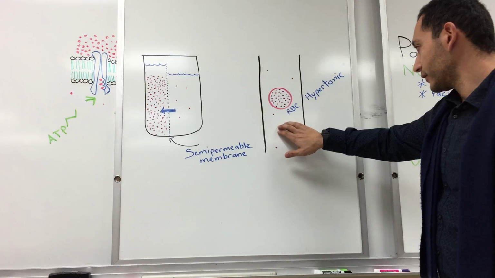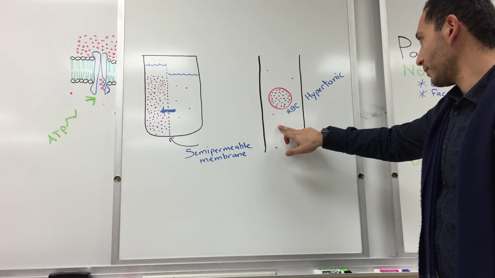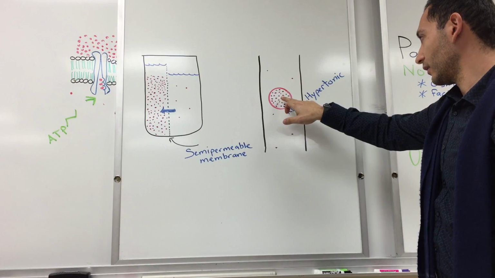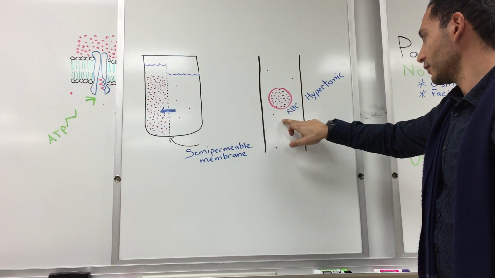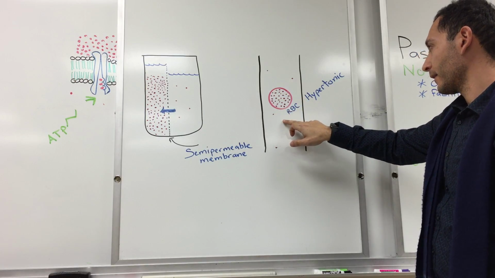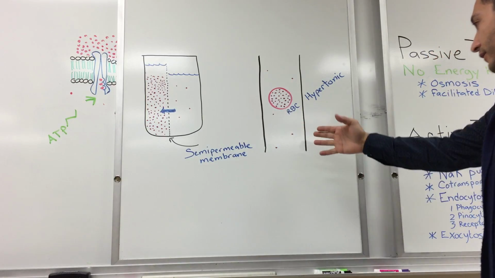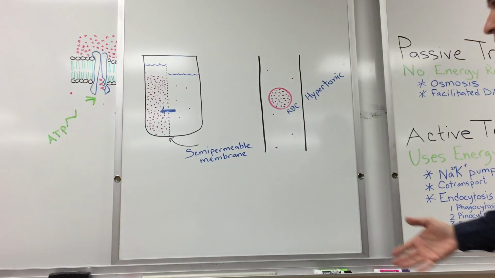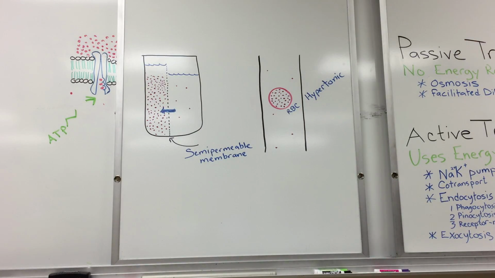So the outside of the cell is hypotonic to the cell, and the inside of the red blood cell is hypertonic to the outside. And if this occurred, the question would be, how would this even come to be?